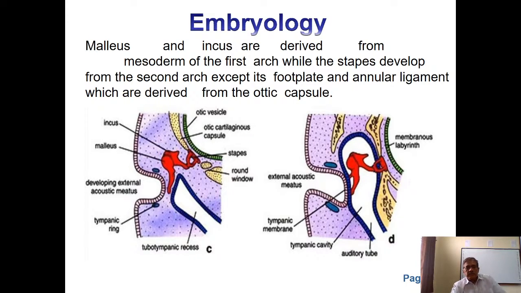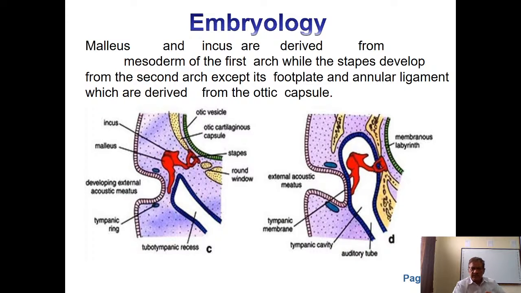Okay, so try to understand this. The malleus and incus are part of the first arch, whereas the stapes, that is the innermost bone, is developed from the second arch, except the annular ligament, which is developing from the otic capsule.